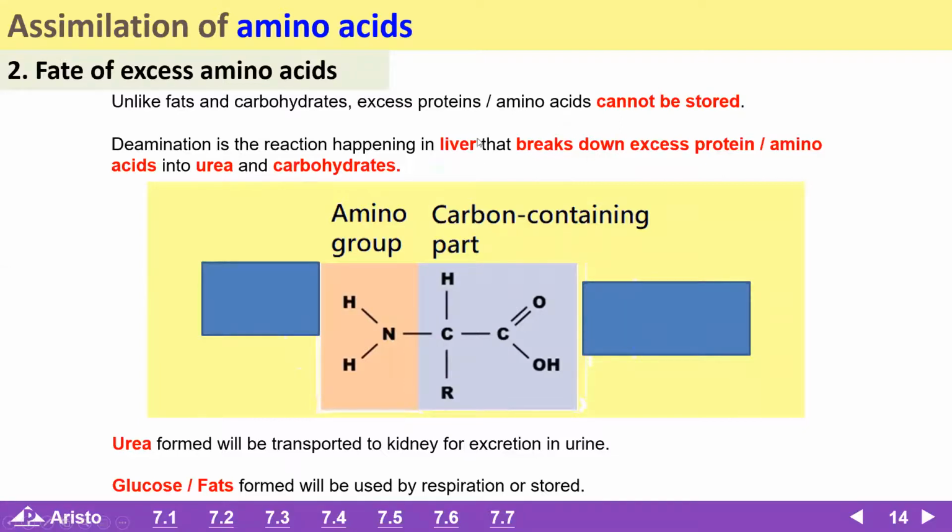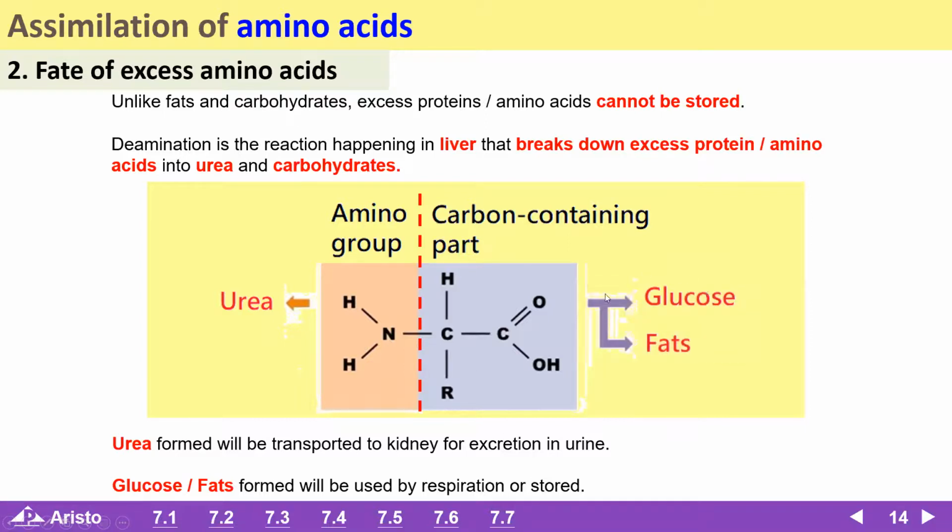This happens in the liver. They are broken down into urea, okay? The amino group would be broken down into urea, and the carbon-containing part of the amino acid would be converted into glucose or fats.